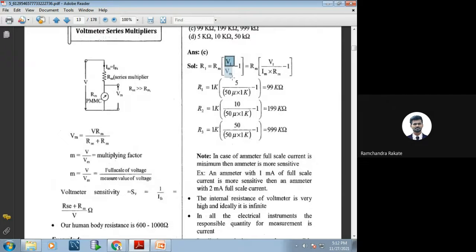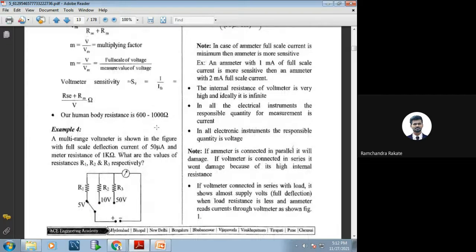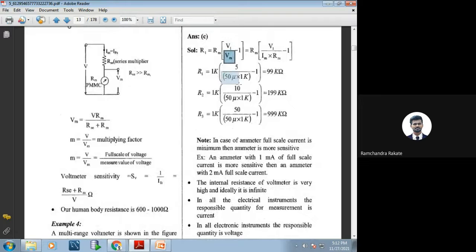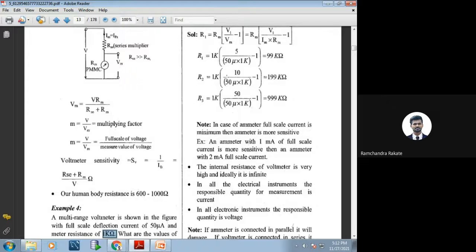Now what is the meter voltage? They have given the current and the resistance, so Vm is equal to IR: 50 micro into 1 kilo, minus 1.